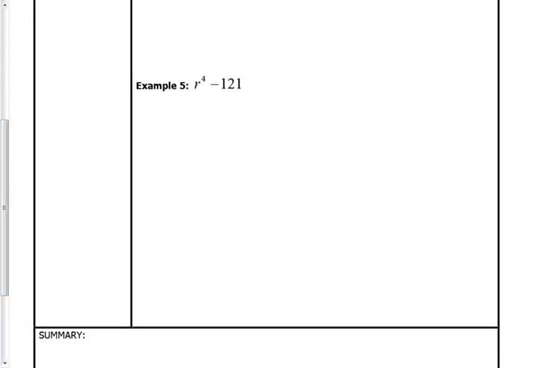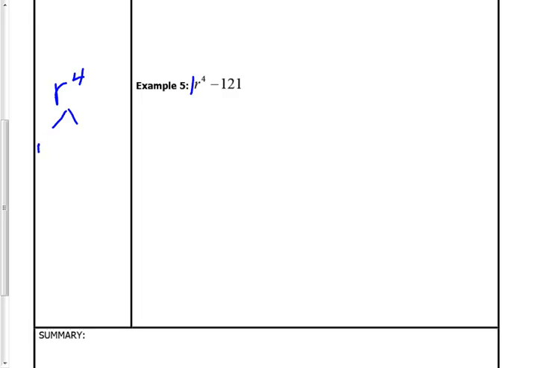And then the last one here, we have r to the fourth minus 121. So again, we're going to be factoring this, so we want to check for a GCF. And there is no GCF. So if I look here, though, the r to the fourth, technically that is a 1r to the fourth power, right? And we said again that any even exponent is considered a perfect square because it can be split, right?